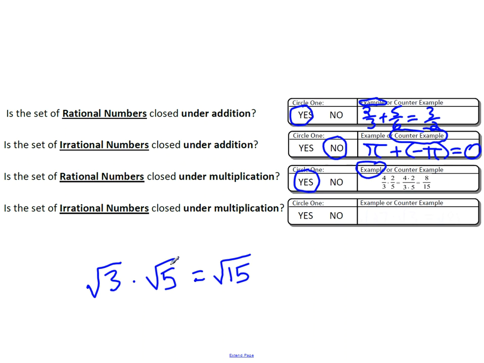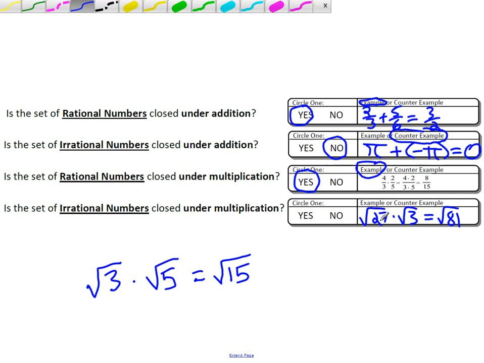Not every irrational times an irrational is going to equal an irrational. Look at this example. Or sorry, this is a counterexample. √27, an irrational number, times √3, an irrational number, is √81. Well, what is √81 equivalent to? √81 is 9.